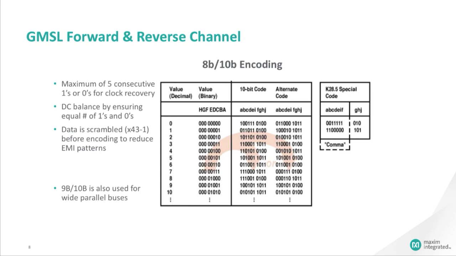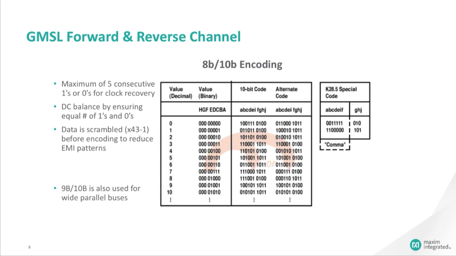If long streams of ones or zeros are transmitted, the embedded clock signal cannot be recovered. 8B/10B encoding avoids this problem by making sure all possible 8-bit words are converted to a 10-bit word with no more than 5 consecutive ones or zeros.